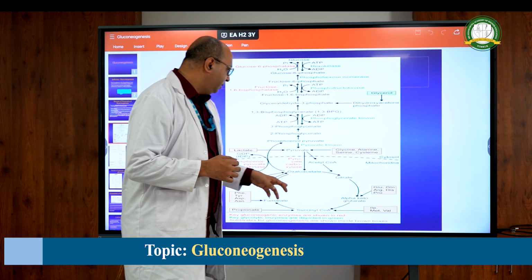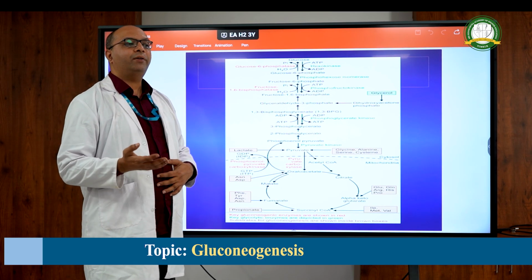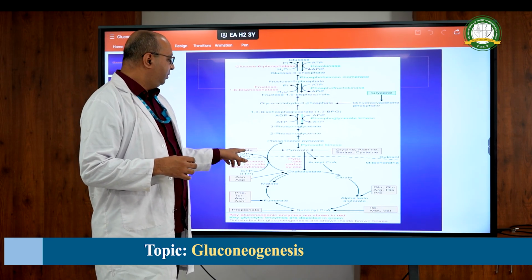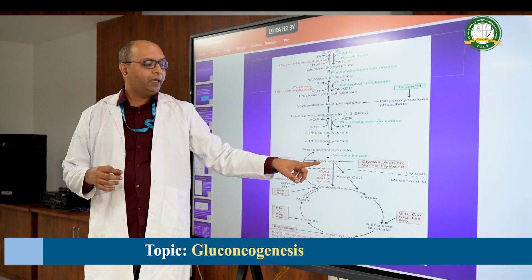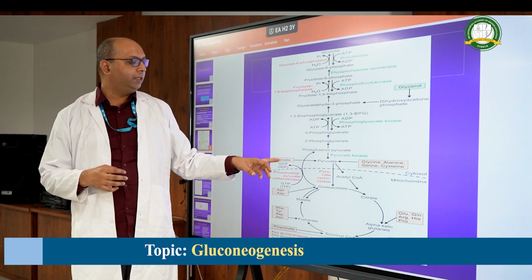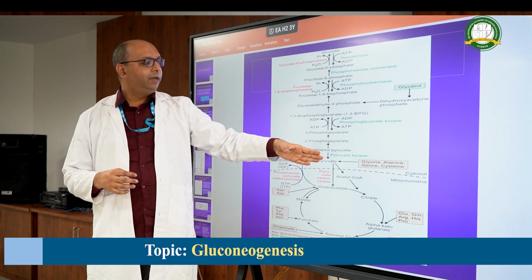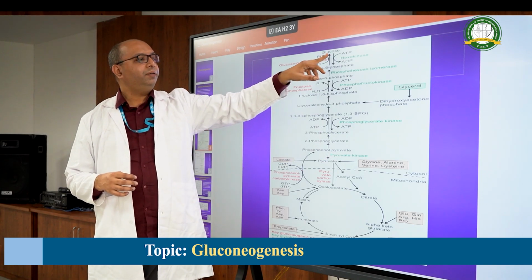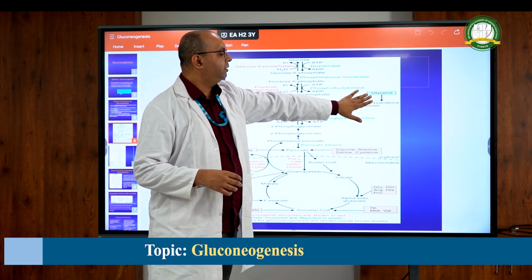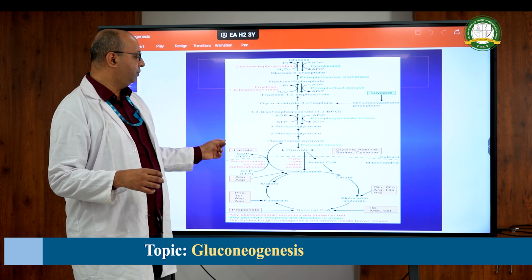Then we have, as I told you, lactate, which is the product of anaerobic glycolysis. This lactate can be converted to pyruvate by the lactate dehydrogenase enzyme. Then pyruvate will run in the reversal of glycolysis leading to glucose. Now we have seen how glycerol and lactate will lead to the synthesis of glucose.